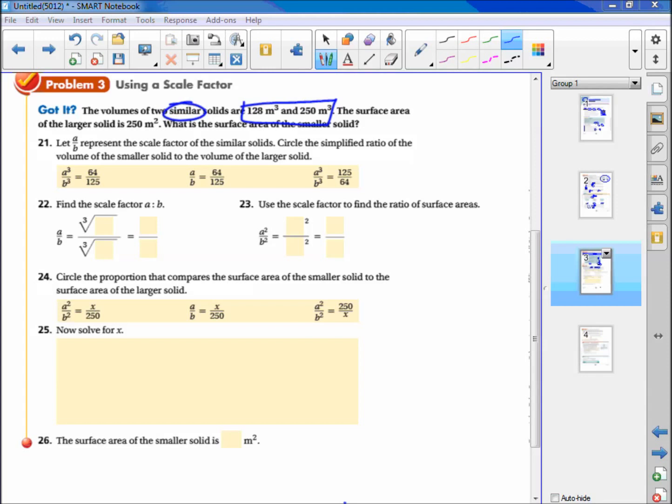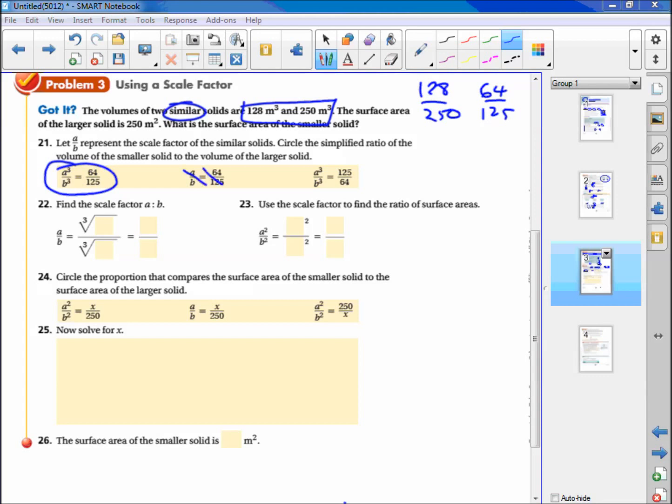So the first thing we're going to do is find the scale factor, A to B, of the similar solids. Then down here it says circle the simplified ratio of the volume of the smaller solid to the volume of the larger solid. The smaller one was 128 compared to 250. They're both divisible by 2, so this makes 64 to 125.